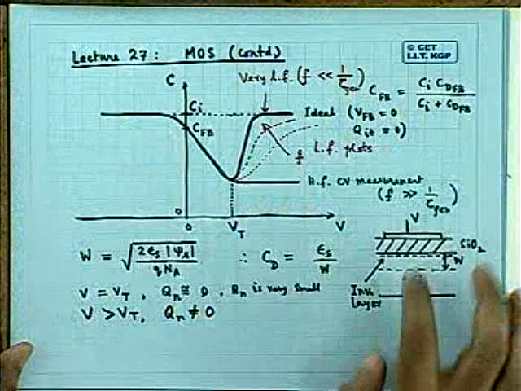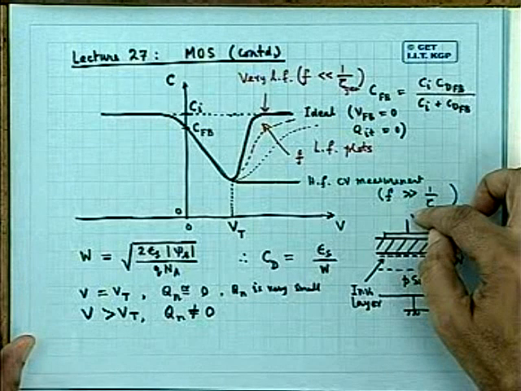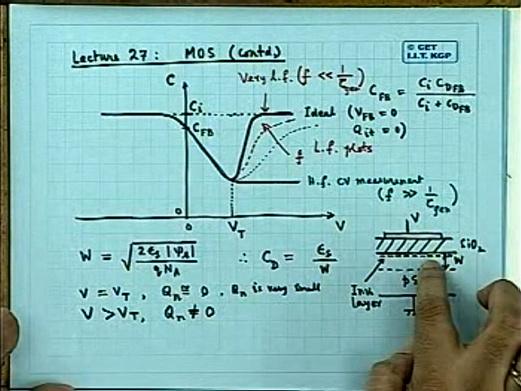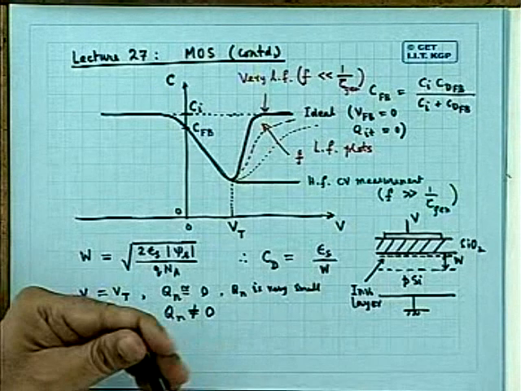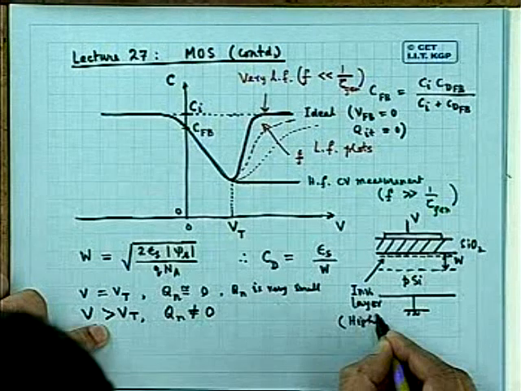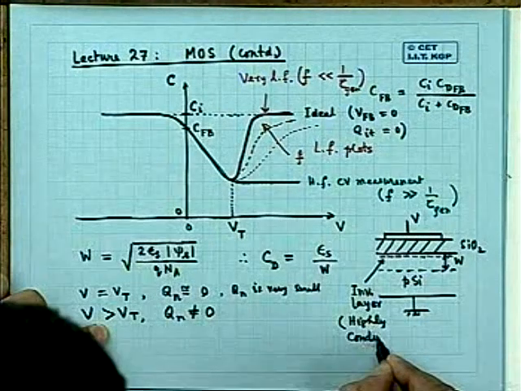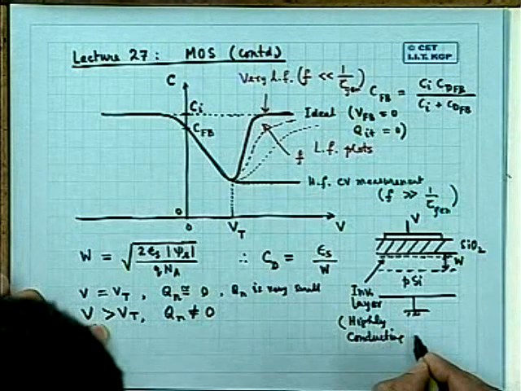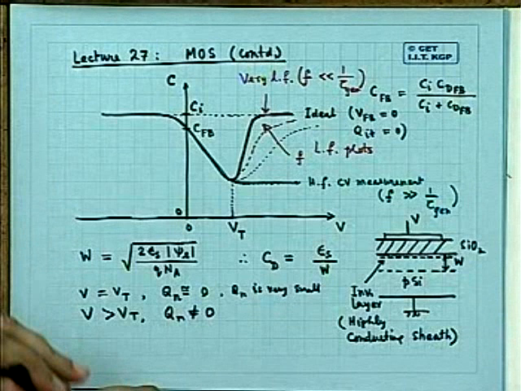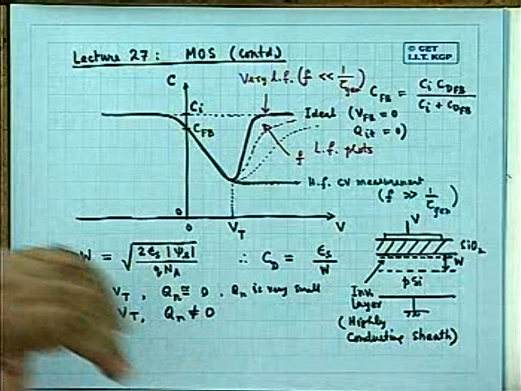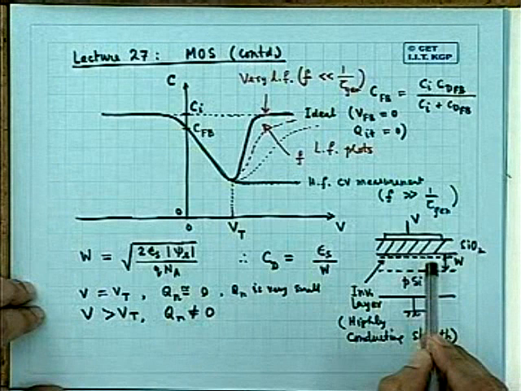So it tends to shield electrostatically the depletion layer. This highly conducting sheath electrostatically shields the depletion layer from the applied bias at the gate.